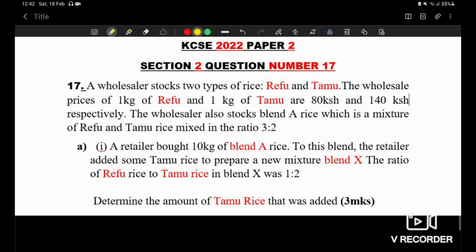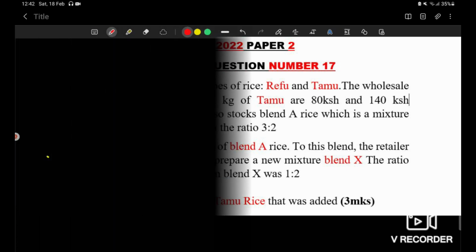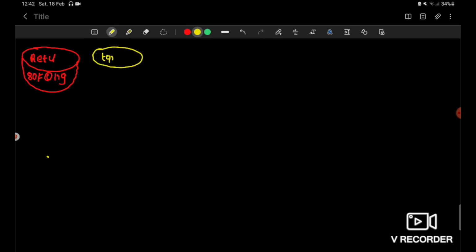So let us interpret this question. Here we have a wholesaler who has two types of rice. He has one type of rice called refu, which costs 80 shillings per kg, and another type called tamu, which costs 140 shillings per kg.